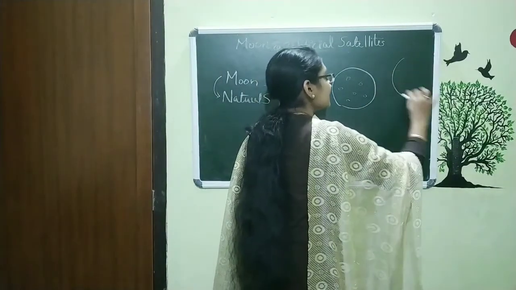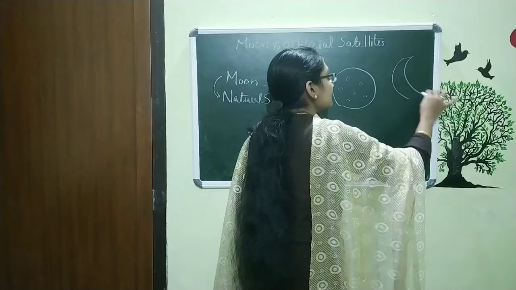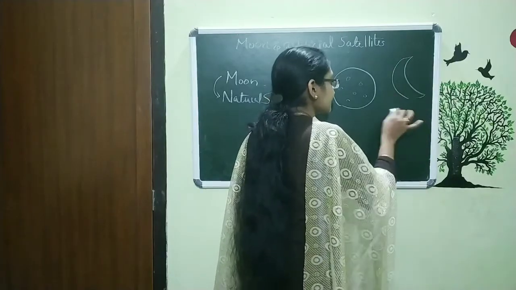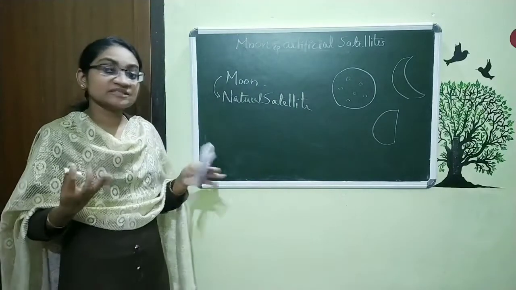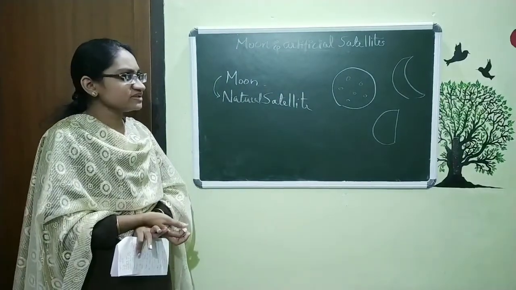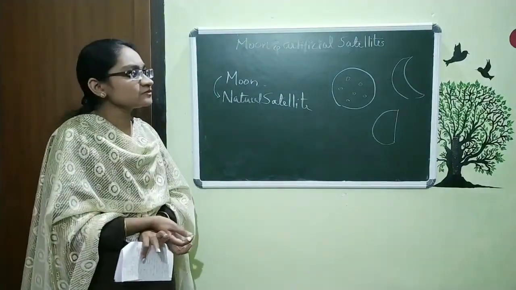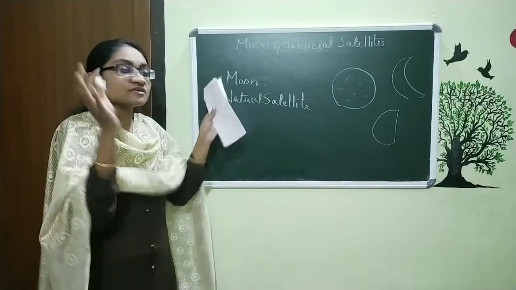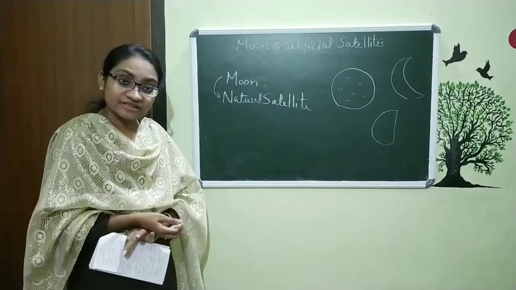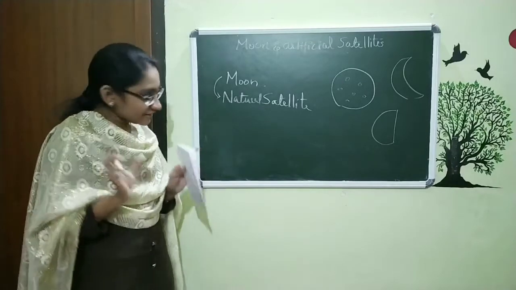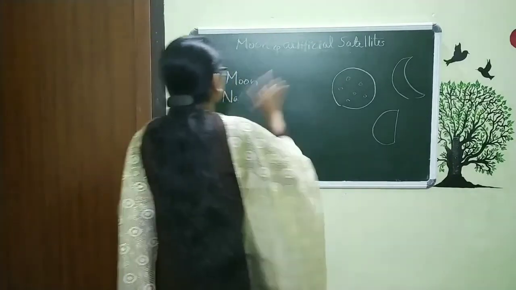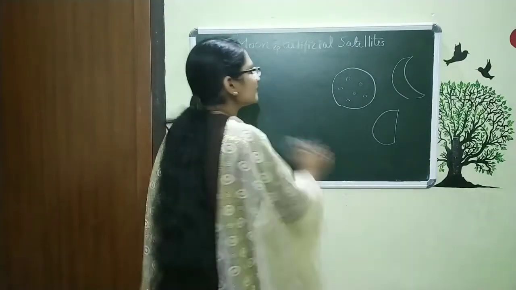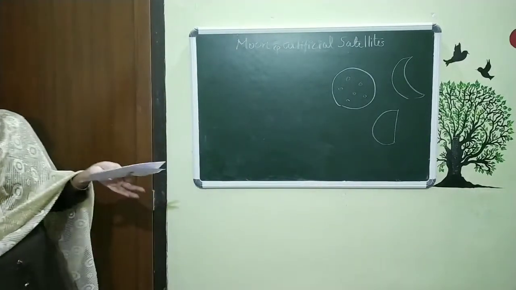In some days we can see the moon in a shape like this. In some days we can see the moon in such a shape. Like the shape is getting changed. Now the question is: how is the shape of this moon getting increased or decreased? What is the reason? Actually, the reason is this: no shape is getting changed. Everything we are just feeling. We only feel the size is getting changed.